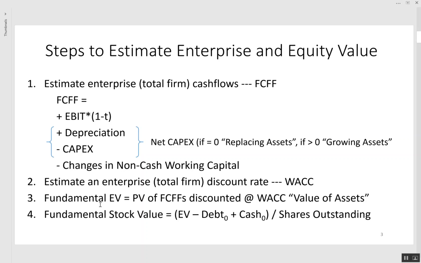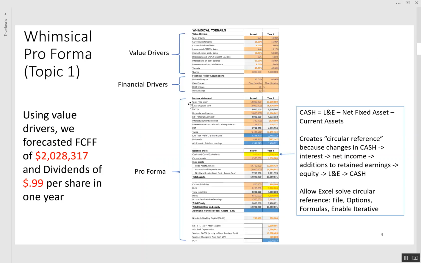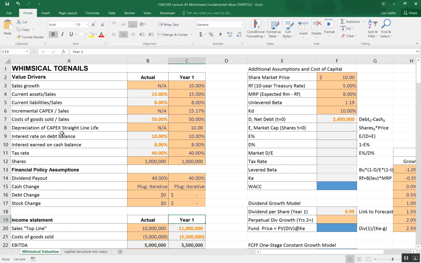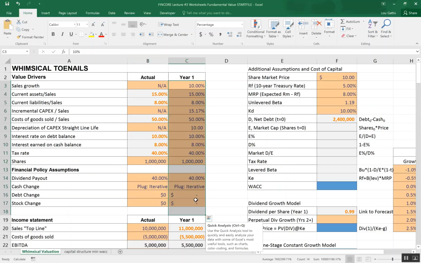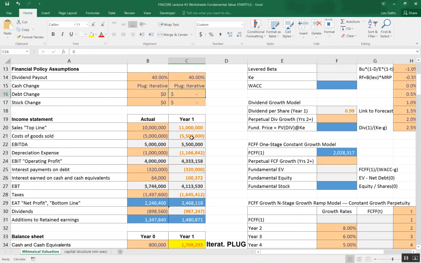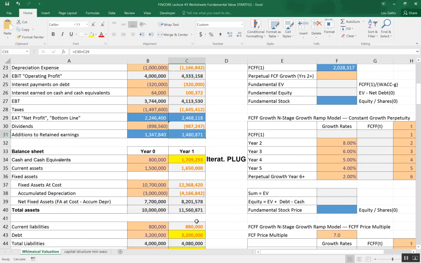So this is our roadmap for where we're going to go today. Let's go look at the model we created in topic 1. In that model, we had actual financial statements for Whimsical. We then forecasted based on our value drivers and our financing policy. We forecasted our sales, our top line, down to our net income.